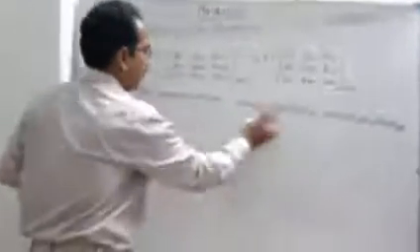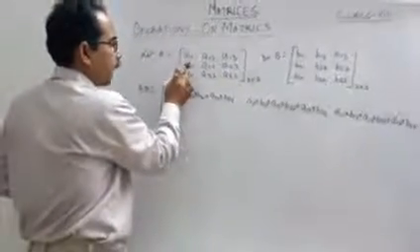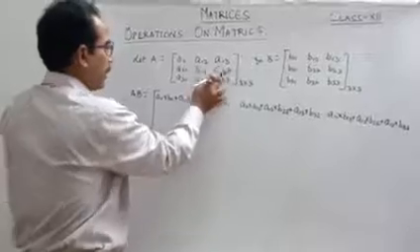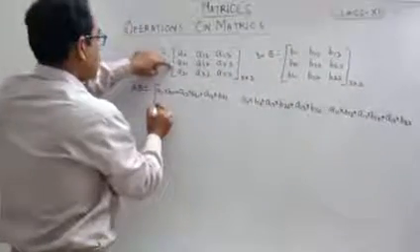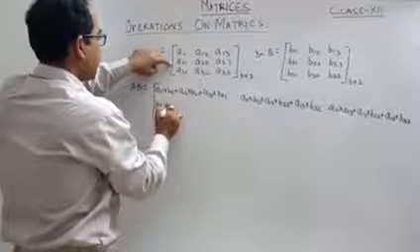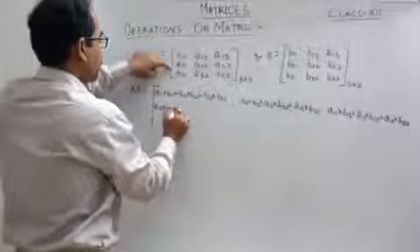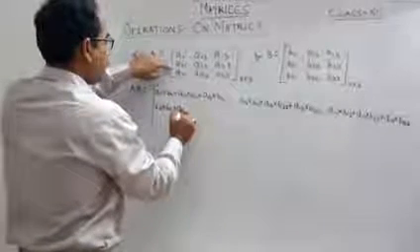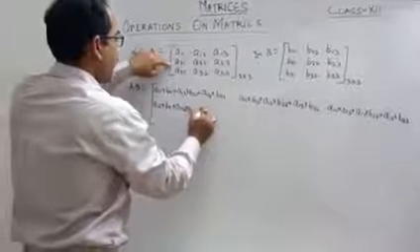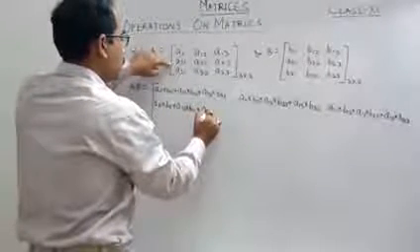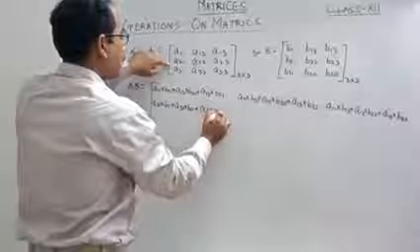Okay, now next the second row. For the second row, take here the second row, that is A21, A22, A23, and here also the first column: A21 multiplied by B11 plus A22 multiplied by B21 plus A23 multiplied by B31.